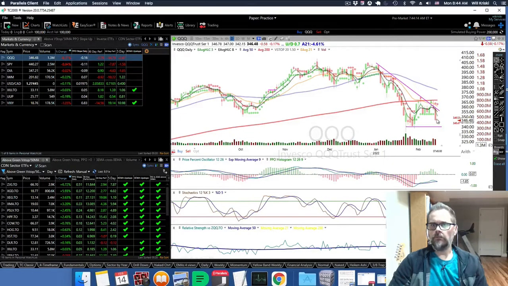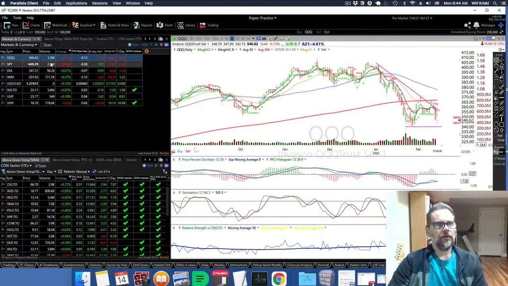I don't think it's a great spot to be trying to trade, in terms of swing trading and stuff like that. And this momentum looks like it's potentially going to cross down.